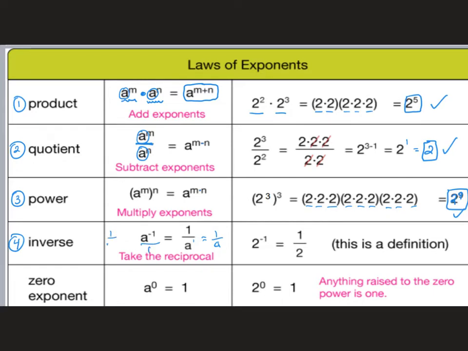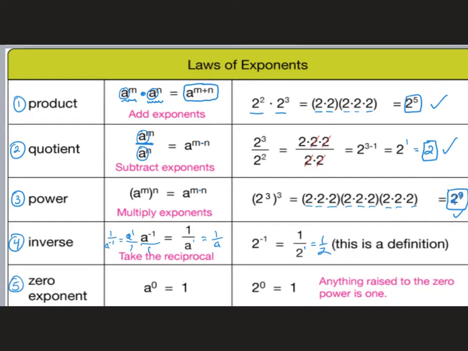If my negative exponent was in the denominator, I can bring it up into my numerator. I'm basically just taking the reciprocal. So 2 to the negative first would be 1 over 2 to the first, or 1/2. So that is our negative rule, or our inverse rule of exponents.